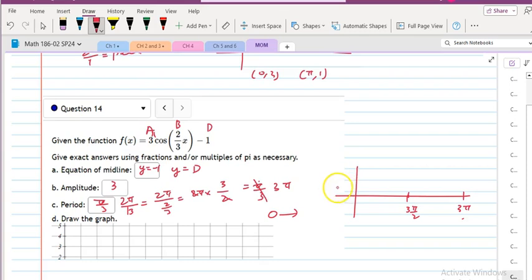So then the midline is y equal to -1. And then with the amplitude of 3, so -1 plus 3 is 2. No, the maximum is 2. And the minimum is -4. So at the middle, the graph would go down before cosine, right?